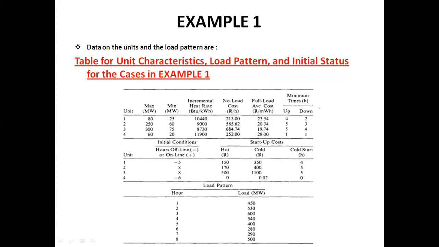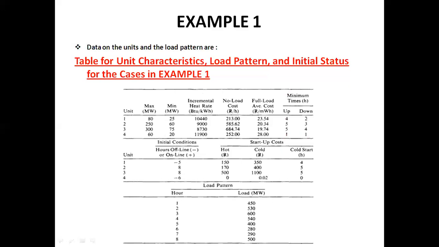Today, for our third case, we will consider this particular part: the minimum uptime and minimum downtime in hours. Uptime for unit 1 is 4, unit 2 is 5, unit 3 is 5, unit 4 is 1.